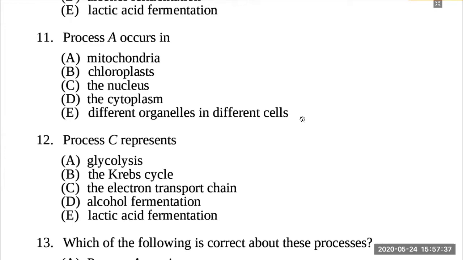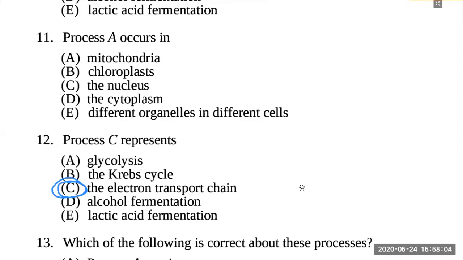As I mentioned, it is the third process, the electron transport chain. And this process, guys, takes place inside the inner membrane of mitochondria. Or we can say it takes place inside the cristae of mitochondria.